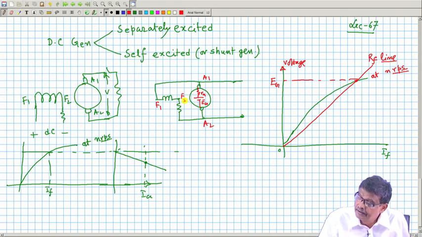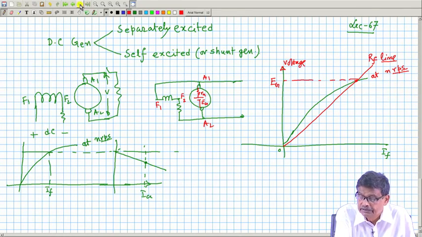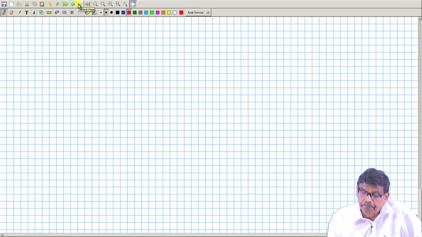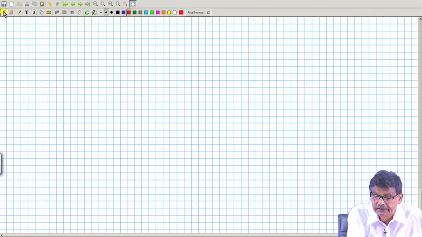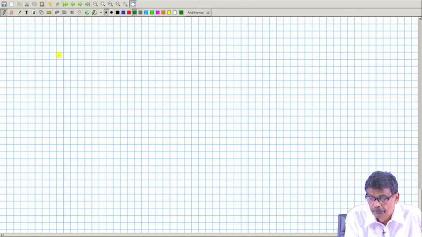Now, what about the load characteristics? I will go to the next page. There is nothing wrong if I redraw the things once more. So, this is the circuit diagram, because that will be needed.